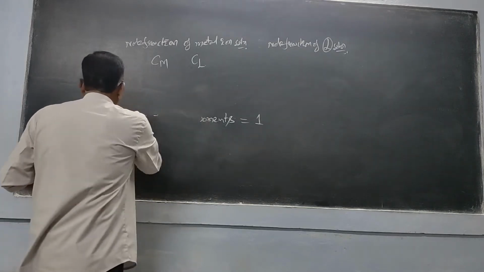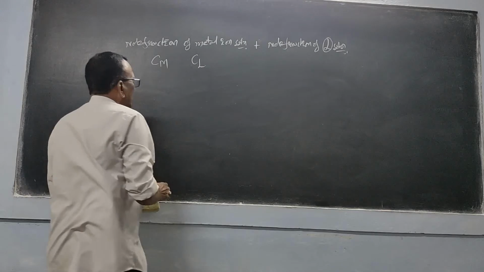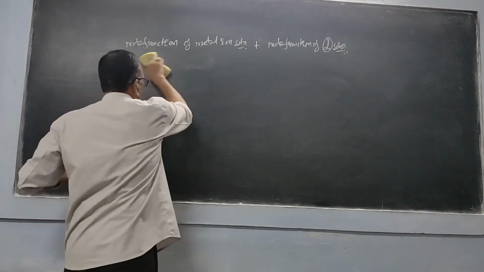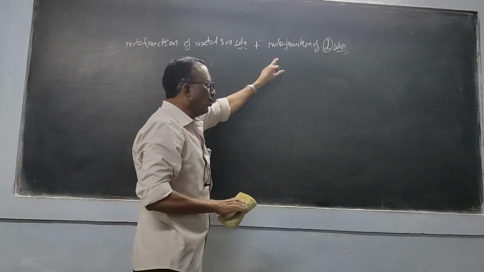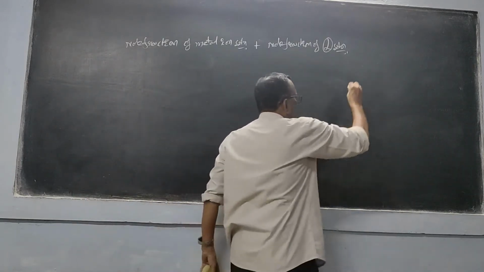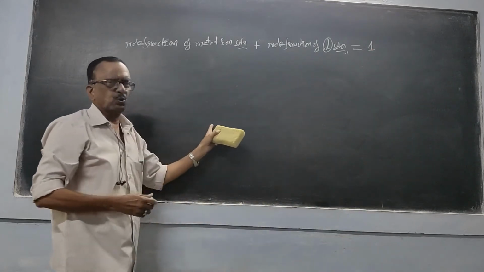So I can write that the mole fraction of the metal ion solution plus the mole fraction of the ligand solution must be equal to 1 as per this rule.